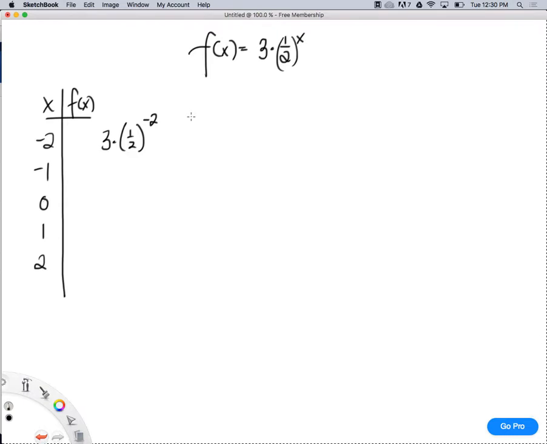If you guys remember when we were working with rational exponents, we worked with raising a fraction to a negative exponent. Whenever you put anything to a negative exponent, it just flips. So instead of 1/2, this becomes 3 times 2 squared, which is 2 squared is 4, so it's 3 times 4 is 12.